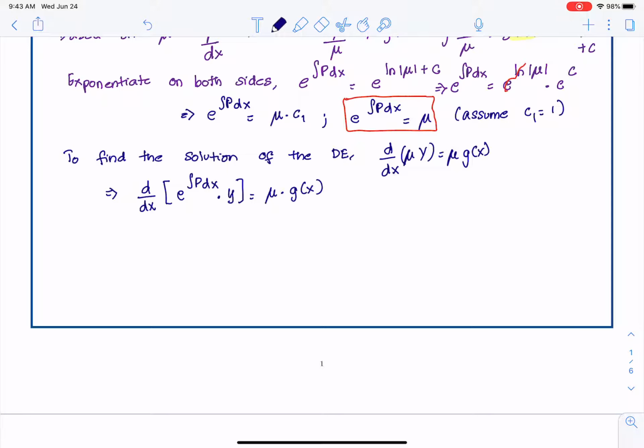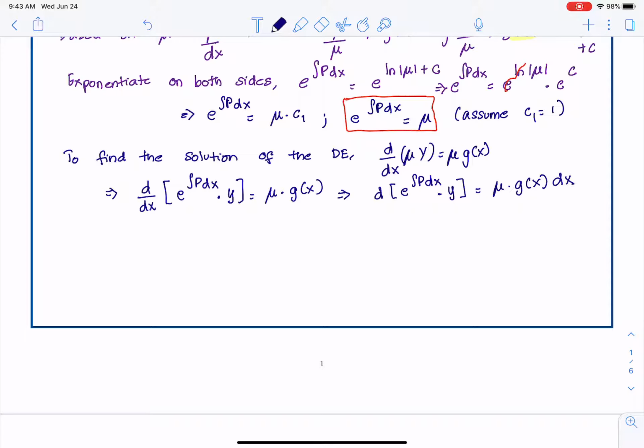And I could multiply by dx on both sides. So I'd have d of e raised integral p dx times y equals mu times g of x times dx.